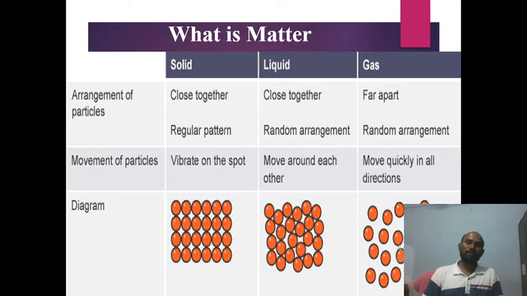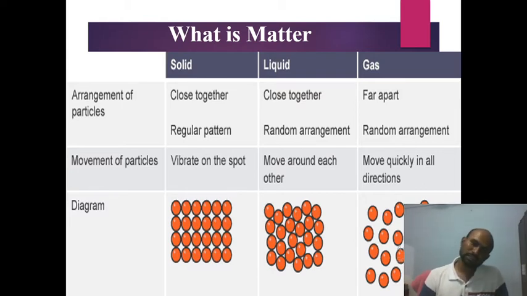And next, movement of particles. In solids, the atoms vibrate on the spot about a mean position. When we apply temperature, they only vibrate about their mean position, they cannot leave their places. Next we see liquid. In liquid, when we heat it, when temperature is given to that liquid material, then the particles move from one place to another place.